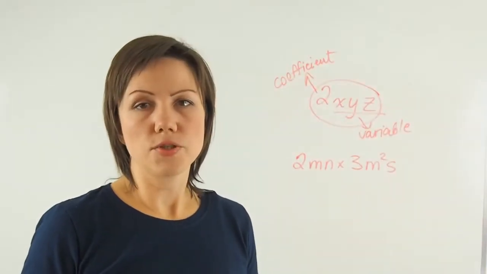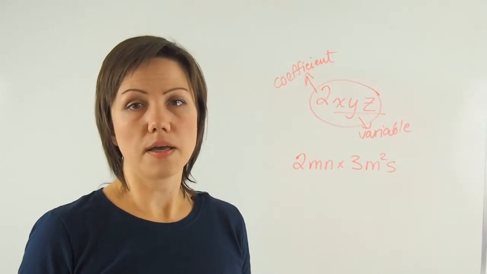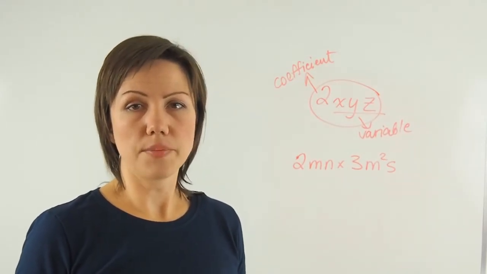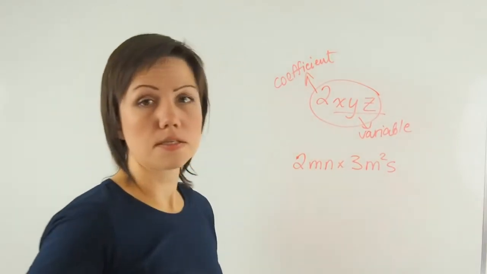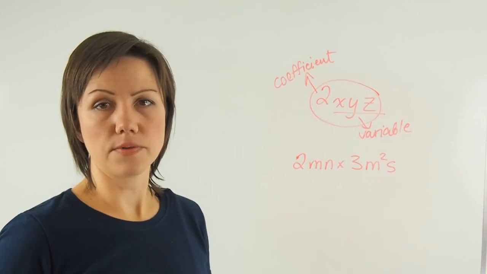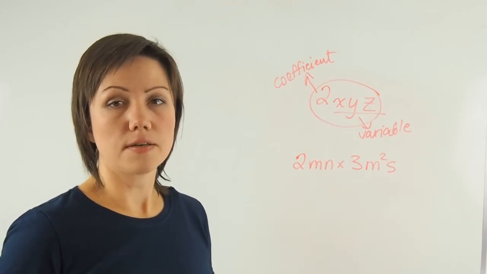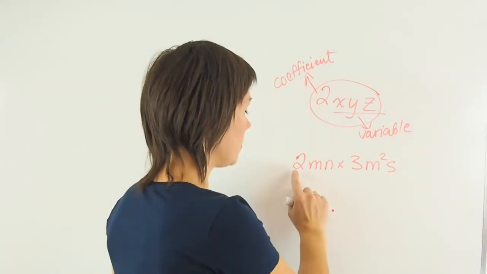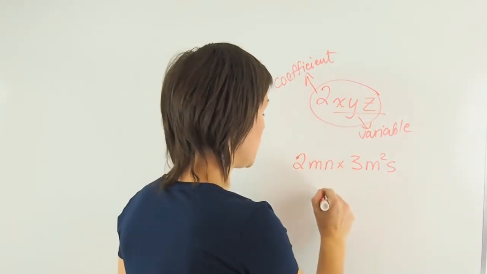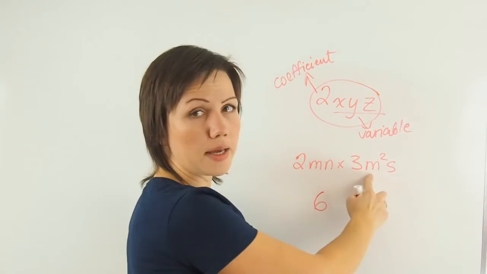When we multiply two monomials, we will multiply their coefficients separately. Then we're going to multiply the same bases separately by adding their exponents, and those bases that are not the same are just going to stay separate. So in this case, I will multiply 2 by 3, which is 6, m by m squared.